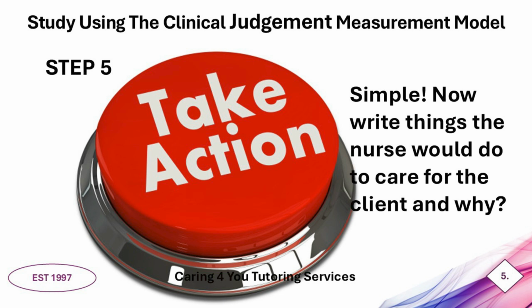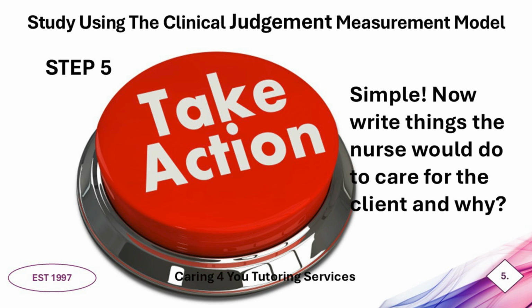You write down the important things that the nurse would do for the client to take care of their illness, right? We're not going to say, oh, bring the client a cup of water. Okay. Oh, give the client a shot. These are obvious things unless it's a special medication in that injection. Don't write the obvious.